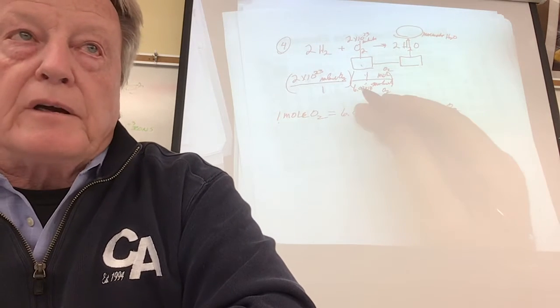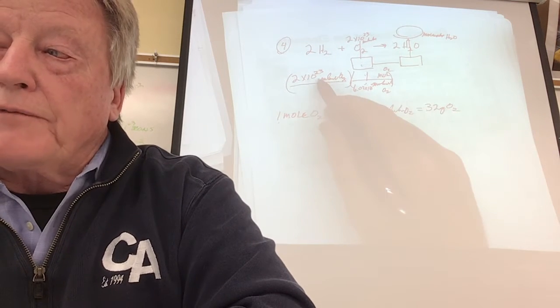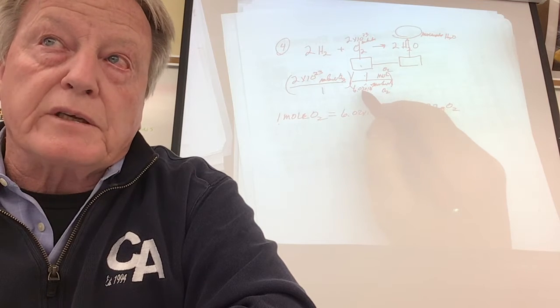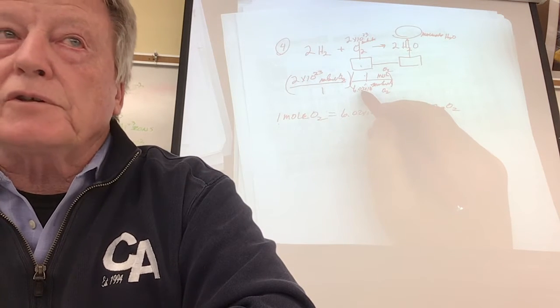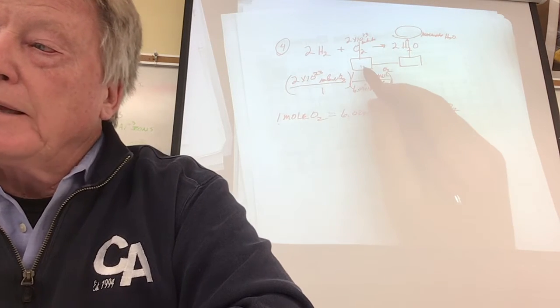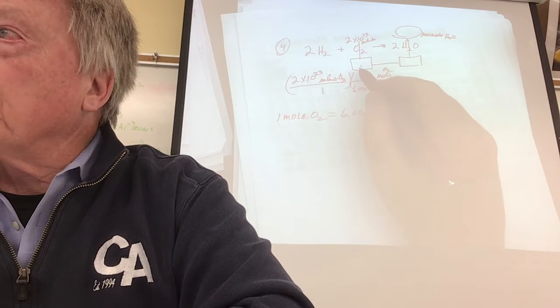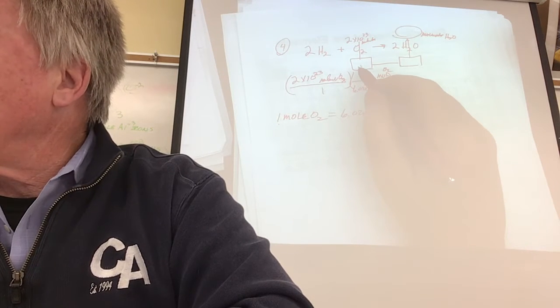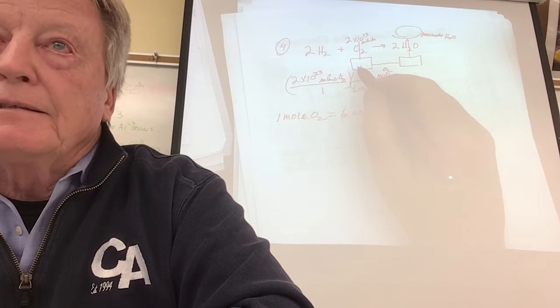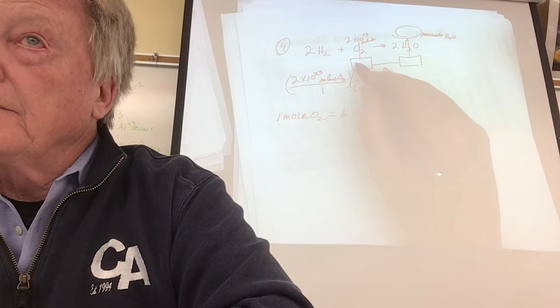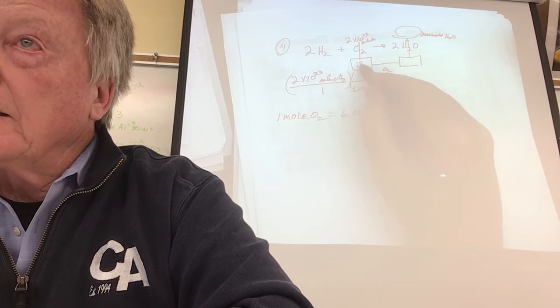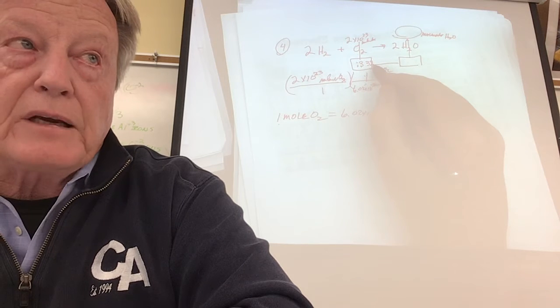Okay, now we're going to stop there, and you're going to take this number and divide by that number. But if you don't put that in parentheses, you're going to be way off. So let's try it, and tell me what number goes here. And as soon as you get it, tell me. Do you have it? You don't have a calculator? What is it? 0.332? Is that what everybody got?